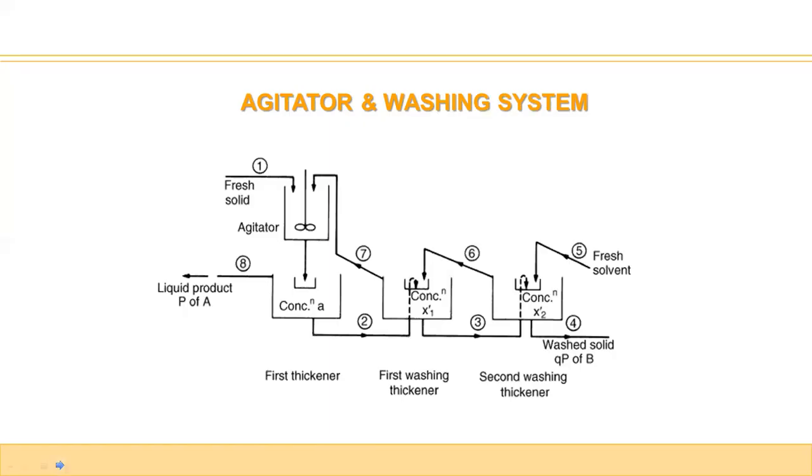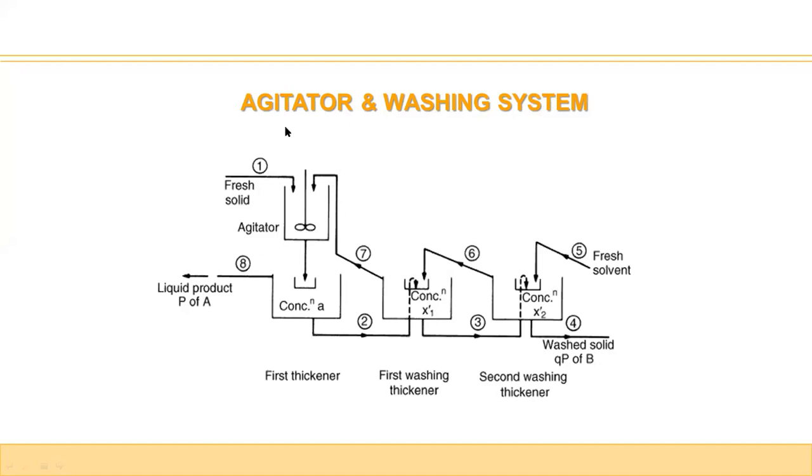Okay, now the setup is always something like this. We have the fresh solvent here, and most of the time that fresh solvent is mixed with the solution of A and C coming from each of the thickeners numbered in this fashion here. So this is your thickener 1, this is your thickener 2, and this is your thickener 3.